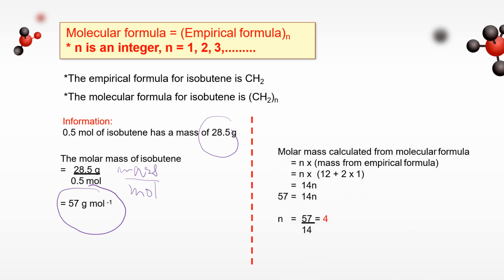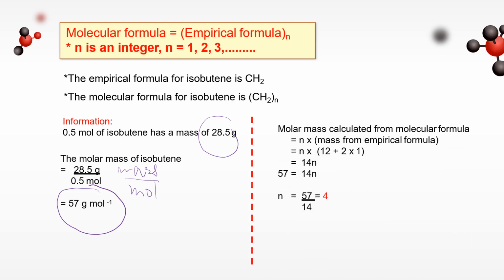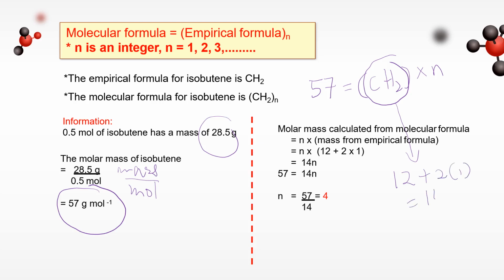Next, we need to find the value of n. Since we know the actual molar mass of isobutene is 57 gram per mole, we set it equal to CH2 multiplied by n. The molar mass for CH2, the empirical formula, is 12 for carbon plus 2 times 1 for hydrogen, so we will get 14.